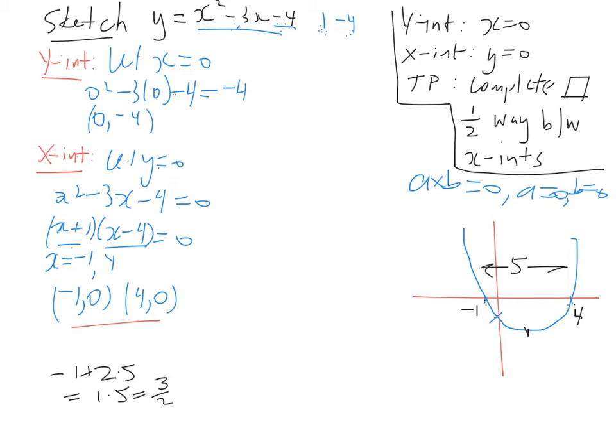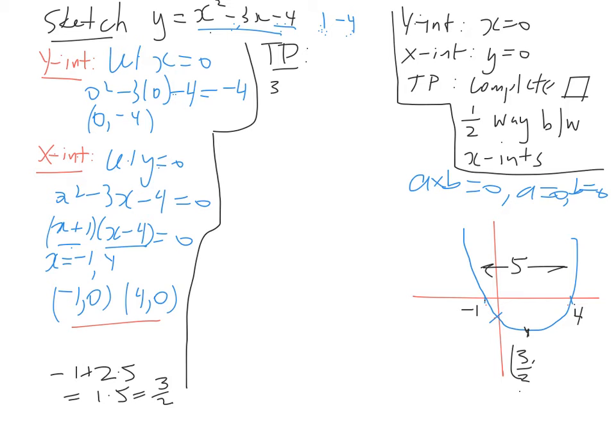So this is 3 over 2, and we've got to find a y value. To find a y value, we substitute this 3 over 2 into our equation. So I'm going to put up a little heading for turning point. So first thing we're going to do, we've got an x value, so that's what we're going to substitute in.